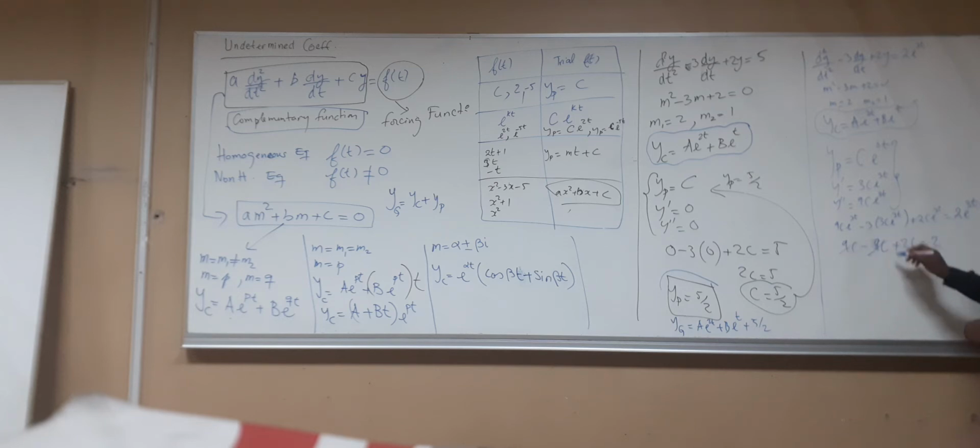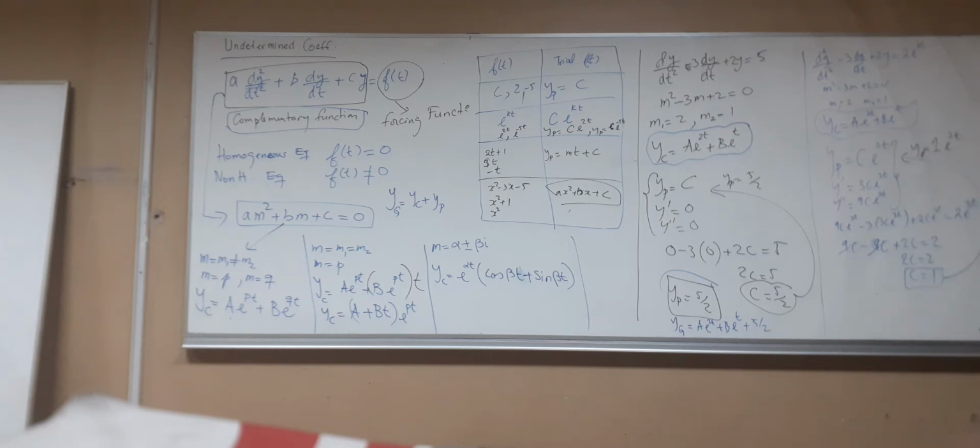This one cancels out, and then your final answer will be 2c equal to 2, then c will be equal to 1. So you take this value and put it into your yp, which will be c equal to 1, e to the power 3t.